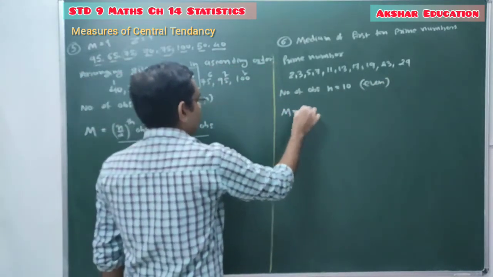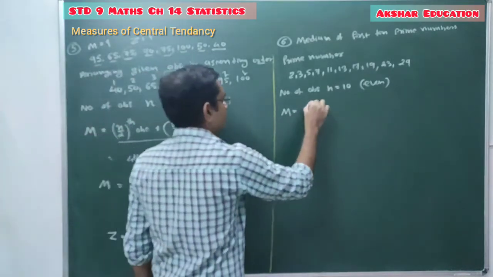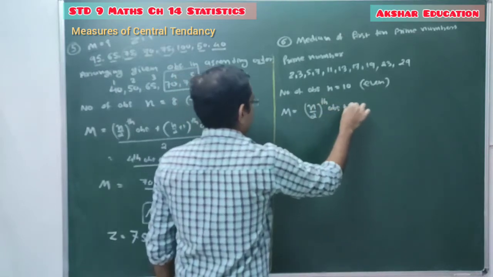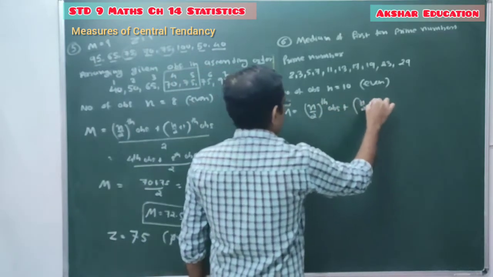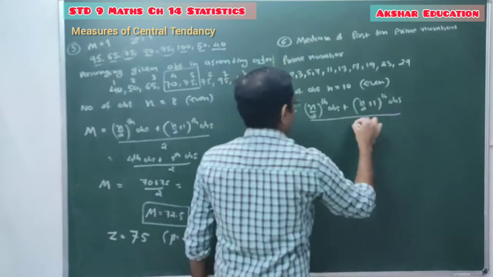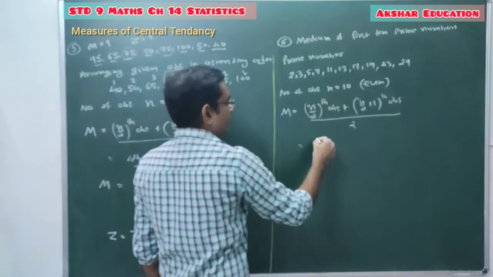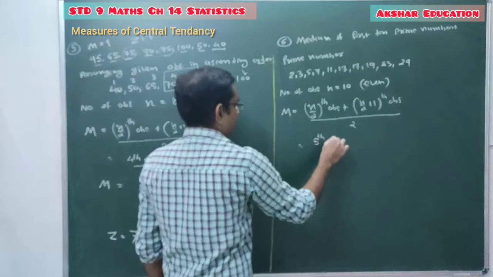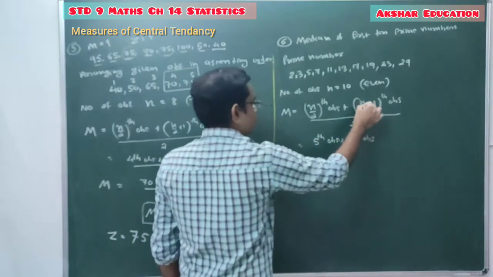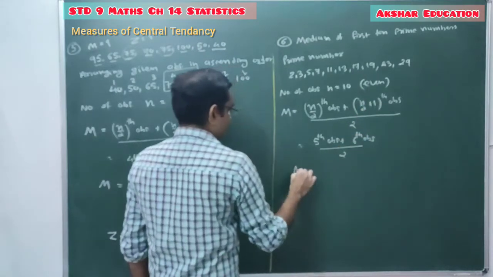For an even number of data, the same formula: the n by 2 observation plus the n by 2 plus 1 observation, divided by 2. Our n is 10, so 10 by 2 means the fifth observation. So you have to consider the fifth observation plus the 6th observation, since 10 by 2 is 5 and 5 plus 1 is 6, divided by 2.